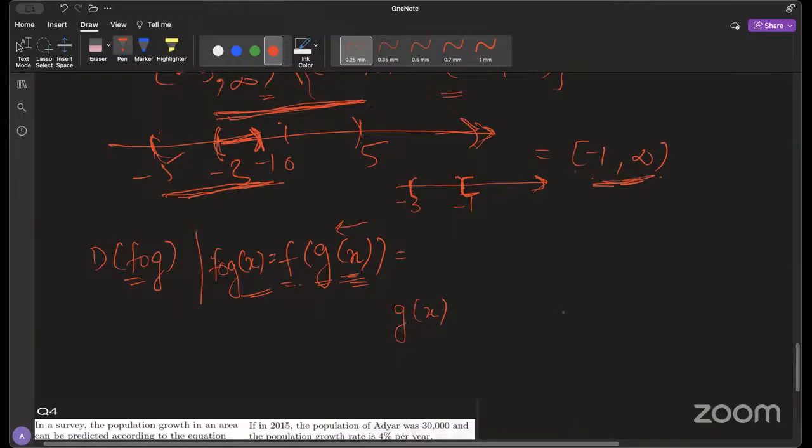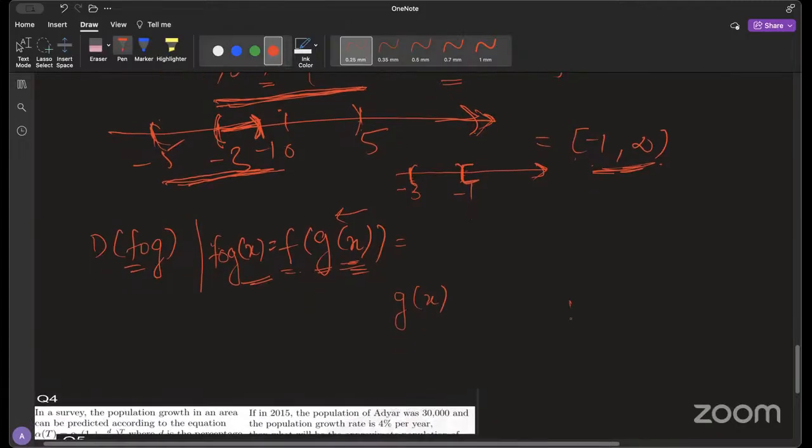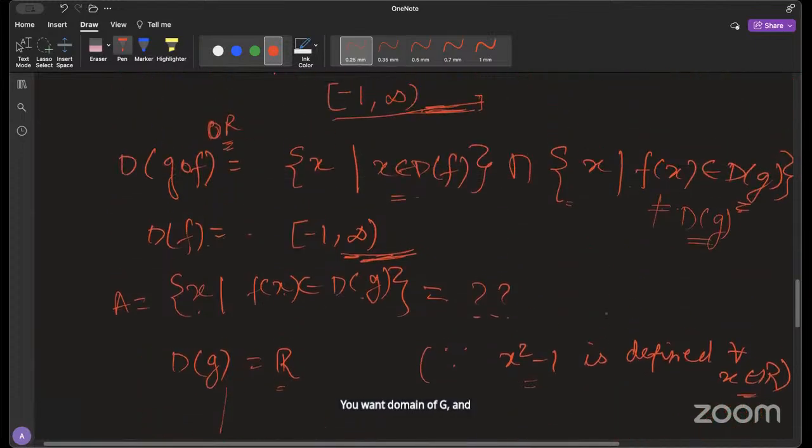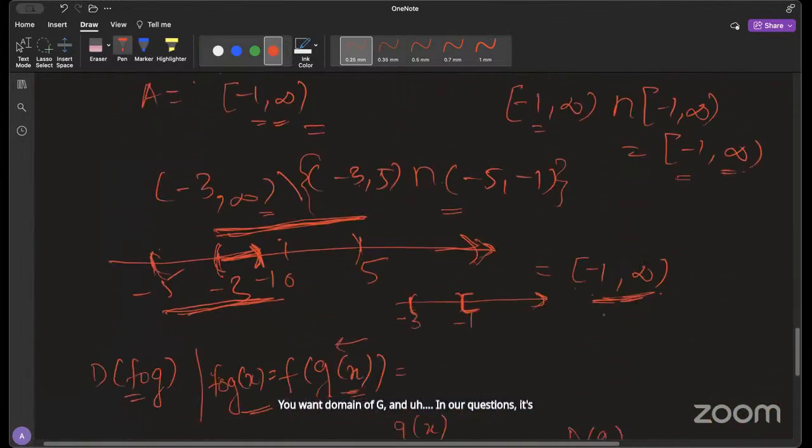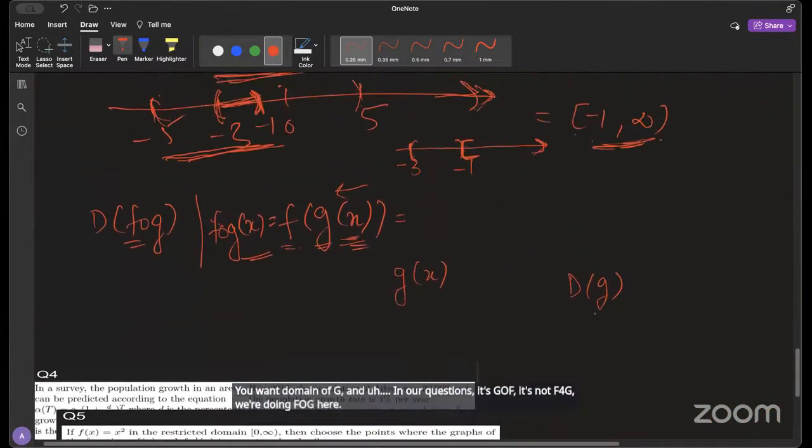So you want domain of G, and in our questions it's GOF. It's not FOG. We're doing FOG here. In your question it's GOF. Don't confuse with that.